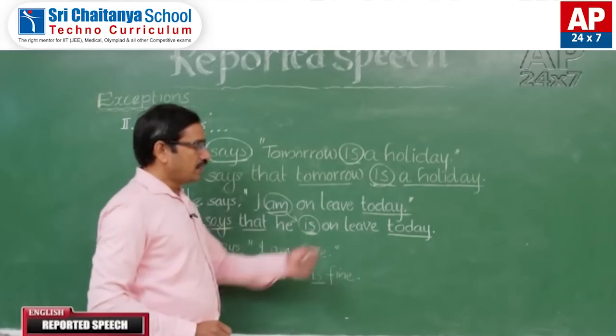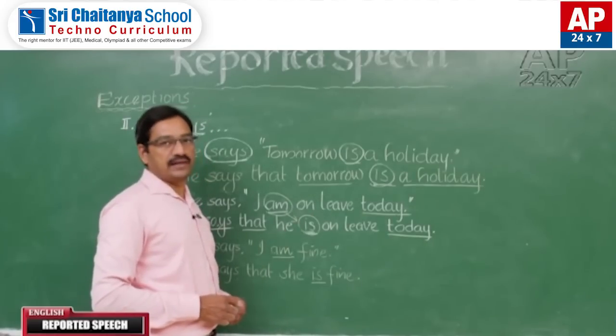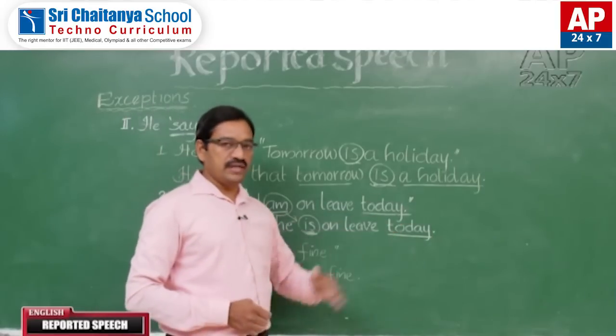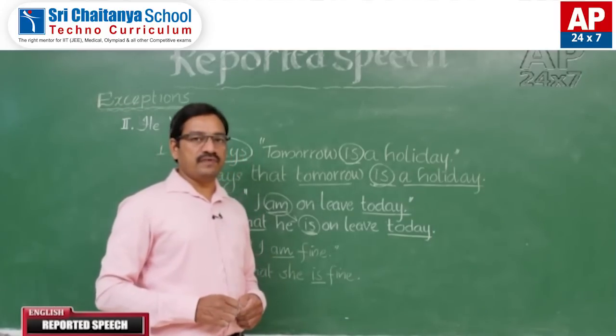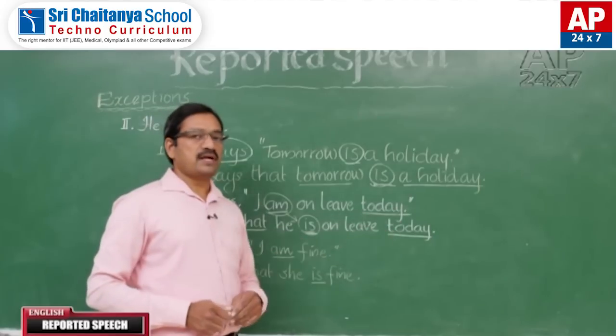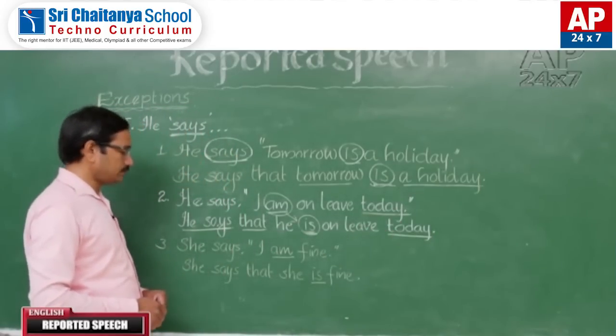He is on leave. Today also we have retained today itself. We have not changed it into that day, because we are mentioning the particular day today itself. So, he says, I am on leave today. When we report, we mention the same in the present tense, retaining the same time. He says that he is on leave today.